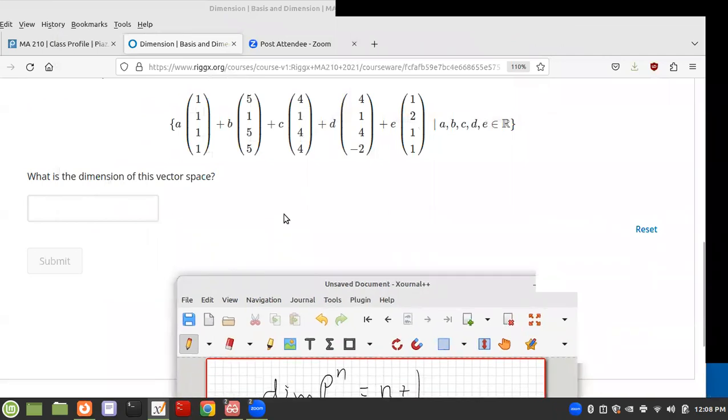And then this last vector space here, well, the question is, we've written it as a span. So the only question is, are these vectors linearly independent?